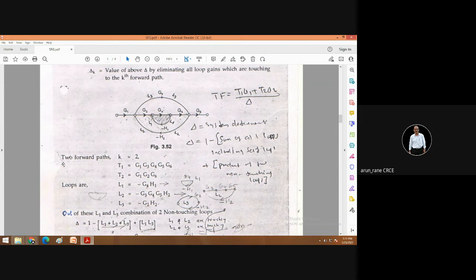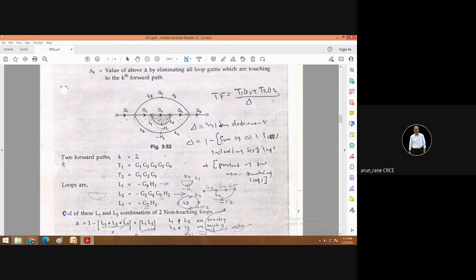The gain for this is G4 and the gain for this is minus H1. So the gain of L1 is nothing but minus G4 H1. It is shown like this.